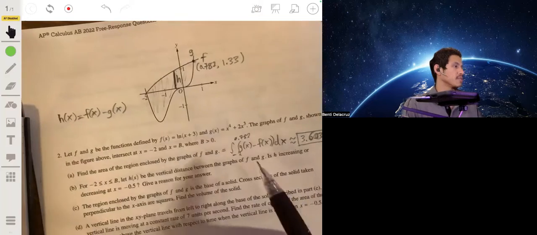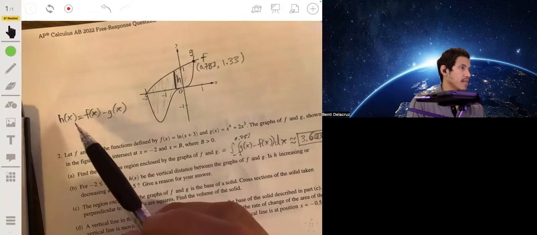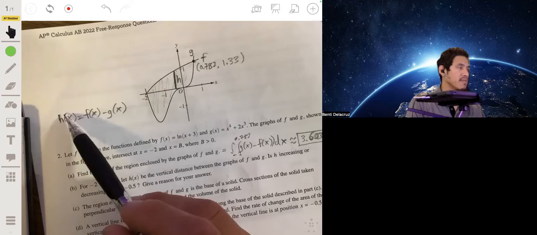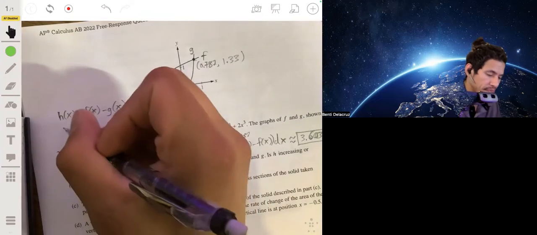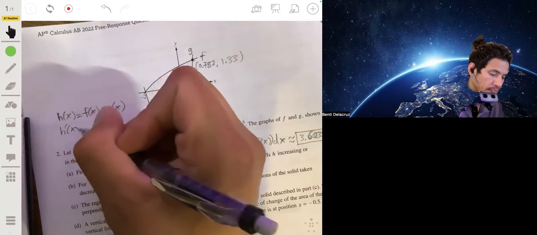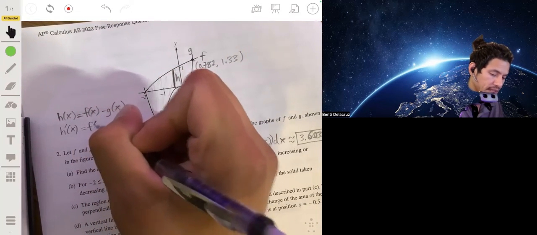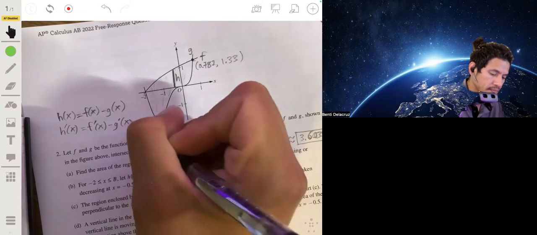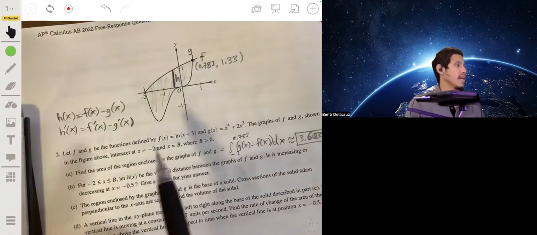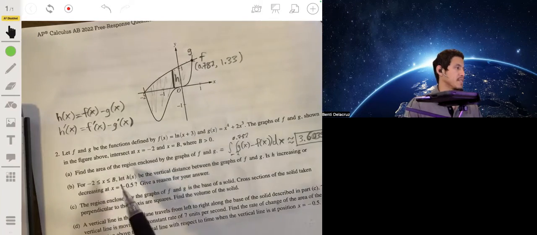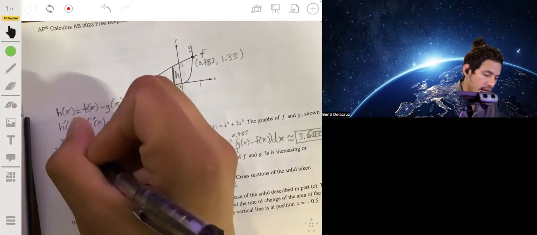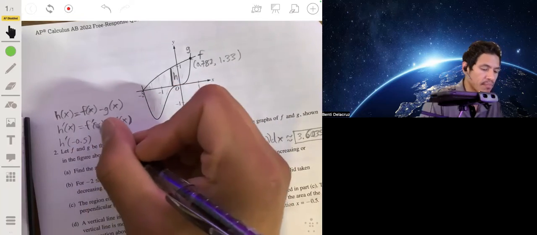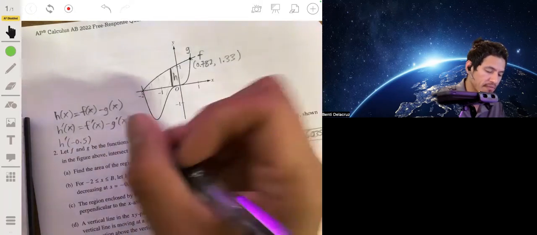Now, if we want to see if h of x is increasing or decreasing, then we're going to take the derivative of h of x, which is going to be equal to the derivative of f of x minus the derivative of g of x. And since we want to find it at this specific point, we're essentially just going to take h prime of negative 0.5, which is going to be equal to f prime of negative 0.5 minus g prime of negative 0.5.